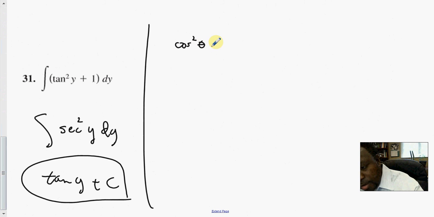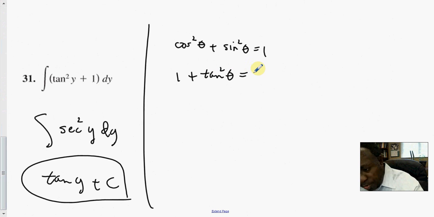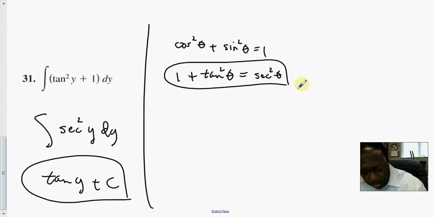Cosine square theta plus sine square theta is equal to 1. Dividing through by a cosine square, we have 1 plus tangent square is equal to 1 divided by cosine square, which is secant square theta. Right?